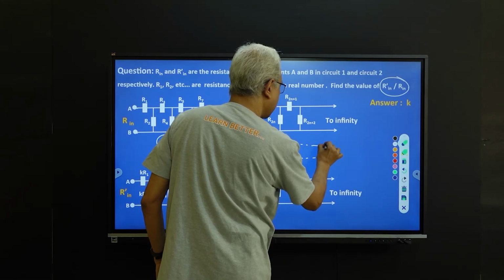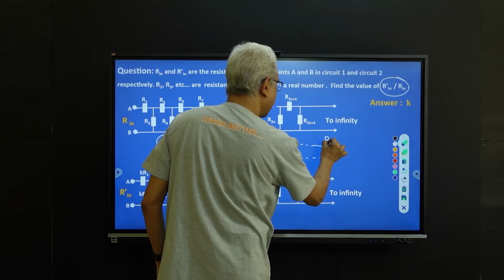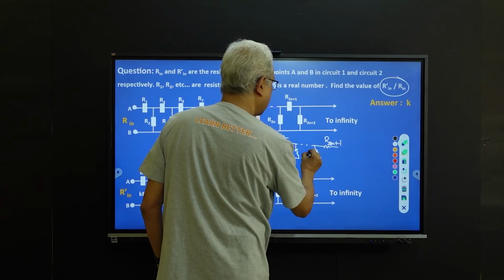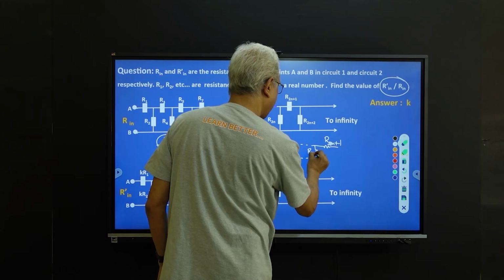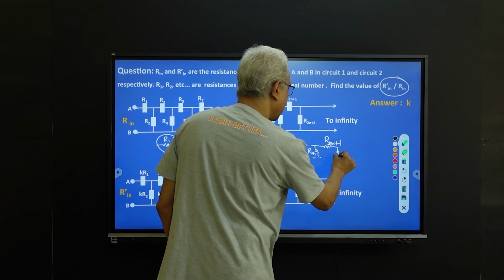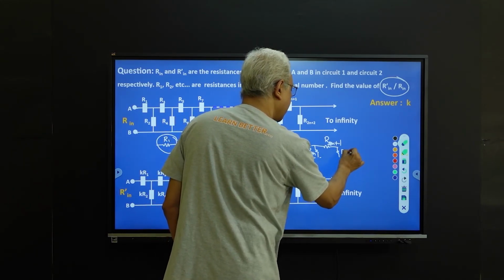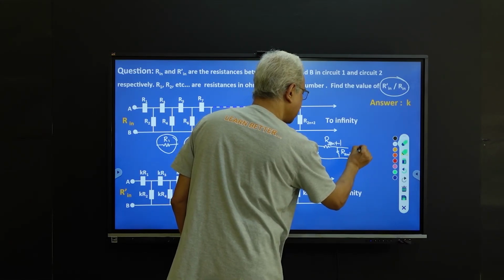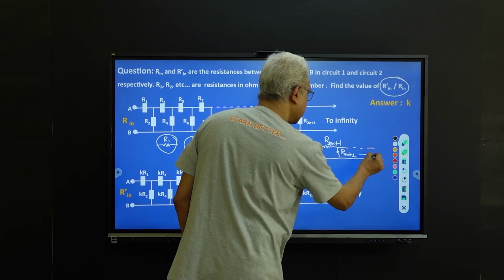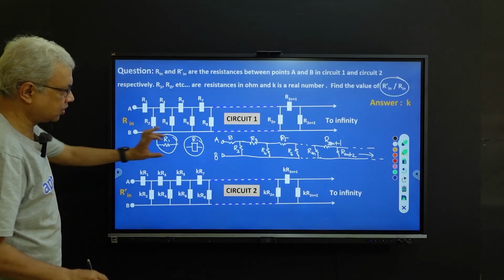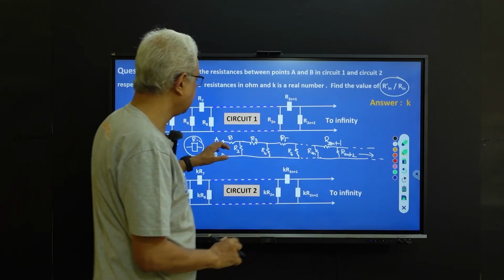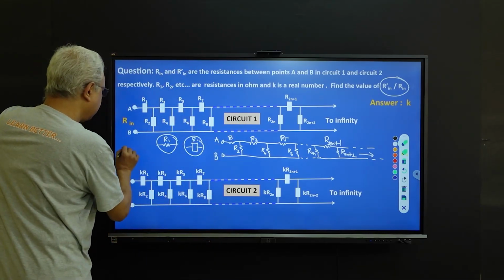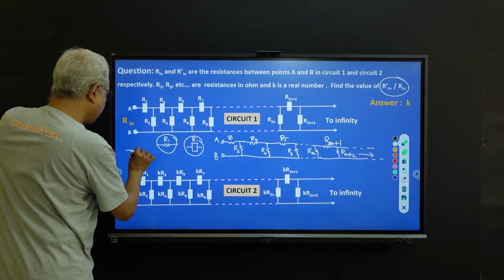In between, there may be R2n plus 1, R2n, R2n plus 2, and the network continues to infinity. So this is the network. We call this an infinite ladder network. Some of you might be familiar with this type of network.